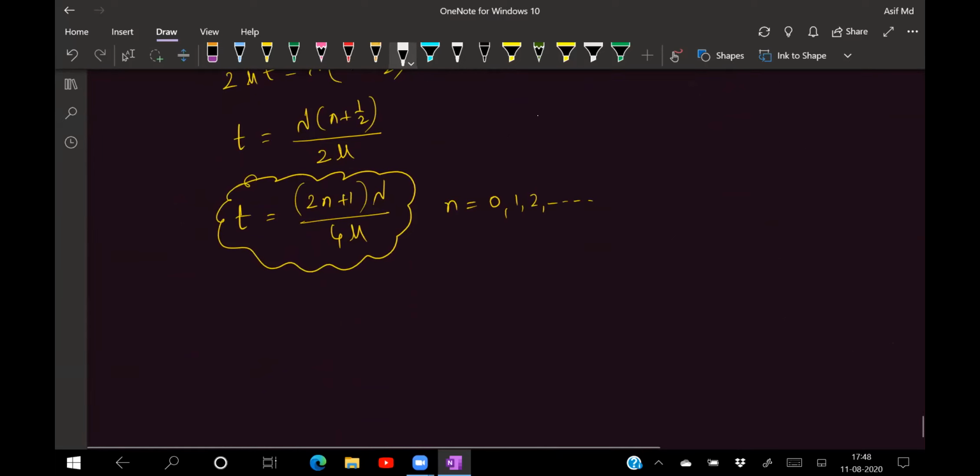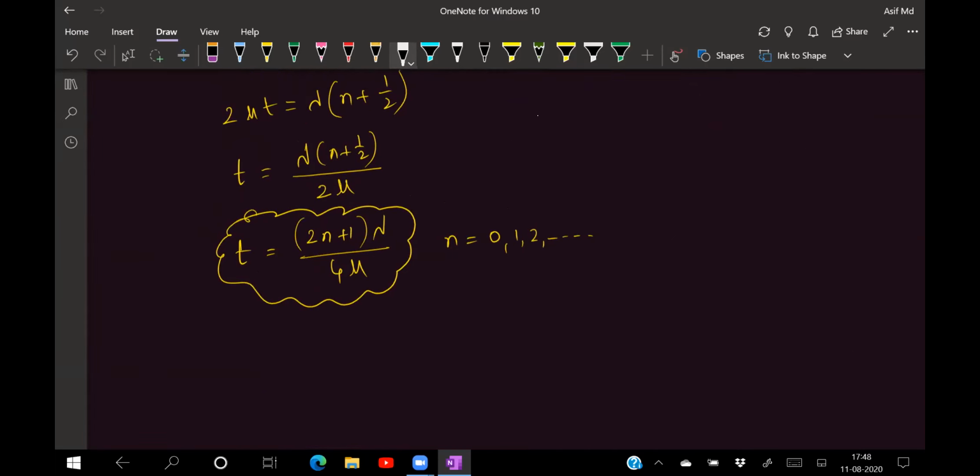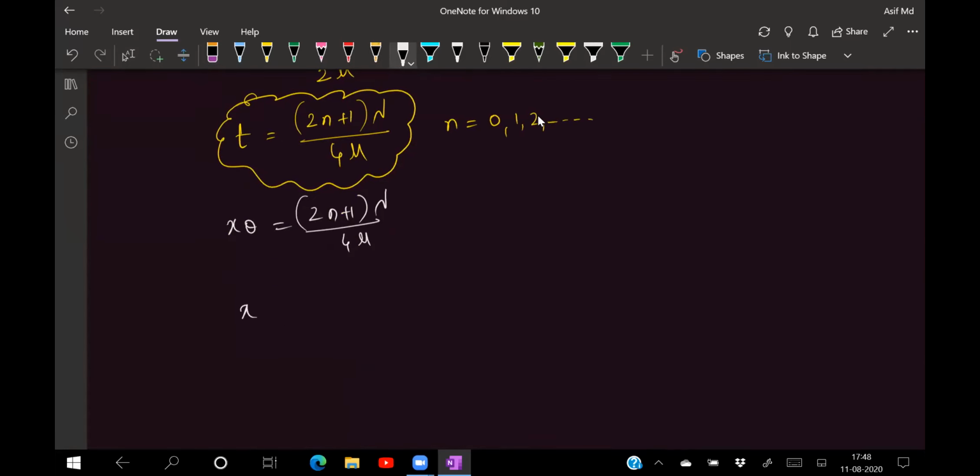So in the place of t, I can write x into theta is equal to (2n plus 1) into lambda divided by 4 into mu. That means x will be equal to how much from this one? x is equal to (2n plus 1) into lambda divided by 4 mu into theta.